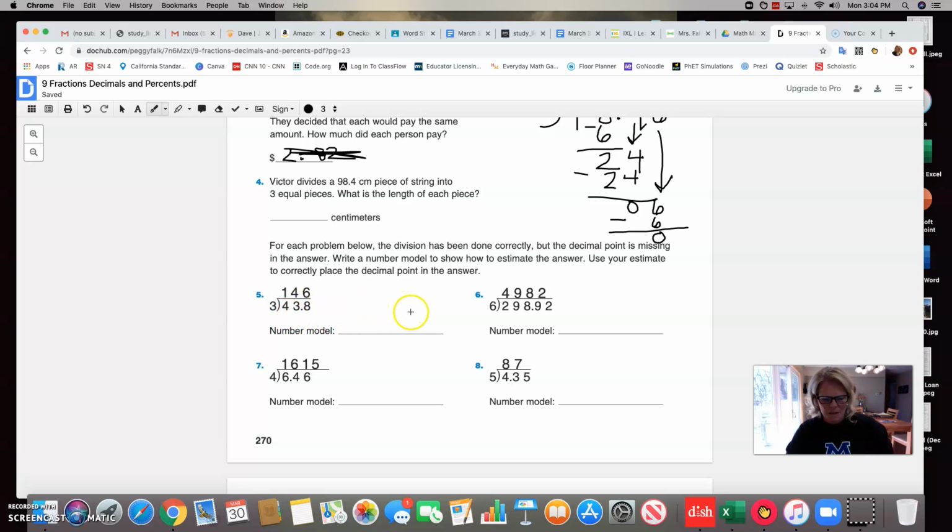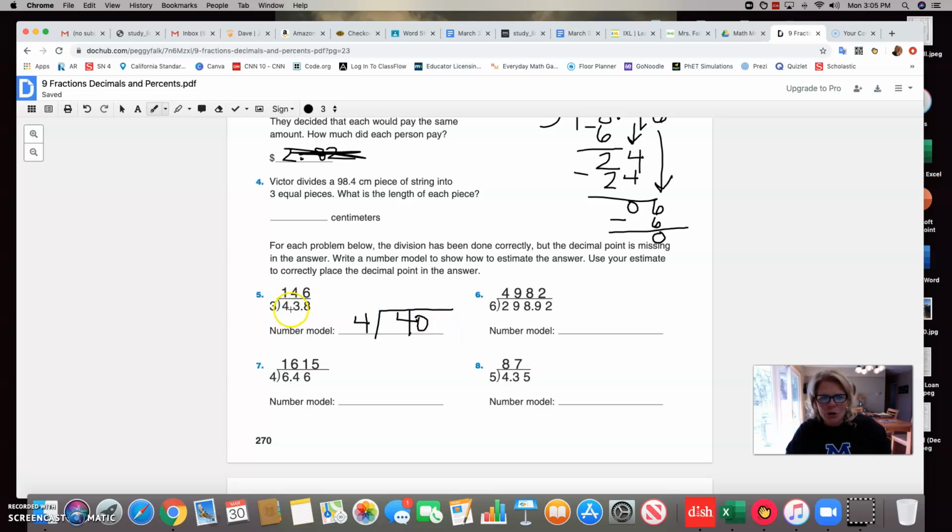So let's round 43.8 to an easy number, which would be 40. And then I'm going to round 3 to 4 because I know 4 goes into 40 exactly.